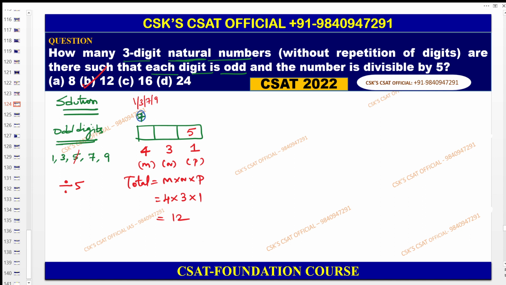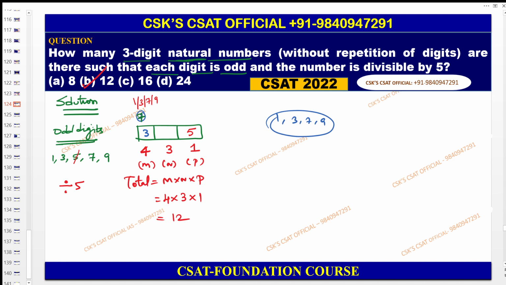Now, anybody else having a doubt? Sir, how is 3 possible in the second place? Listen very carefully. 1, 3, 7, 9. Among these 4, you just pick any one number. Tell me one number. 3. You have placed 3 here in the 100 place. Understood? Yes, sir.